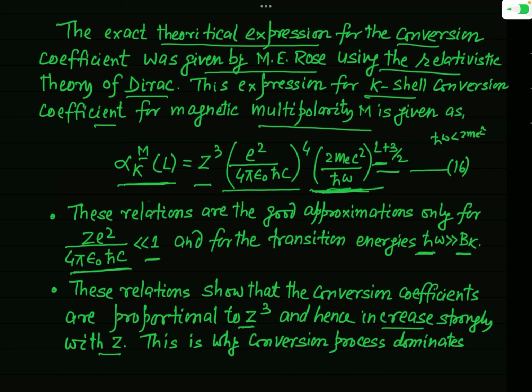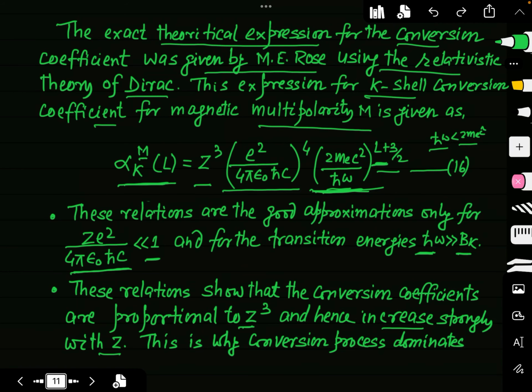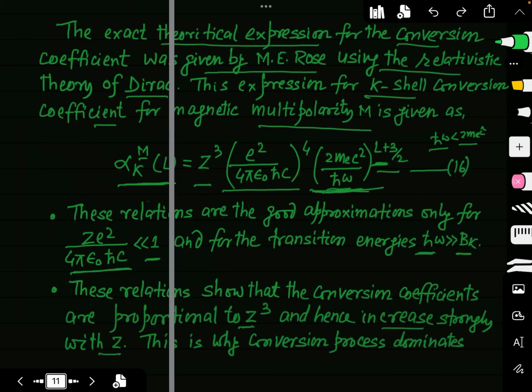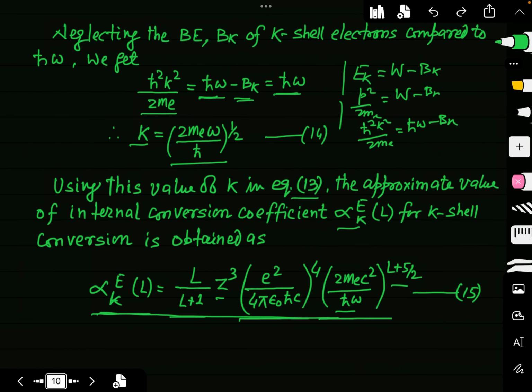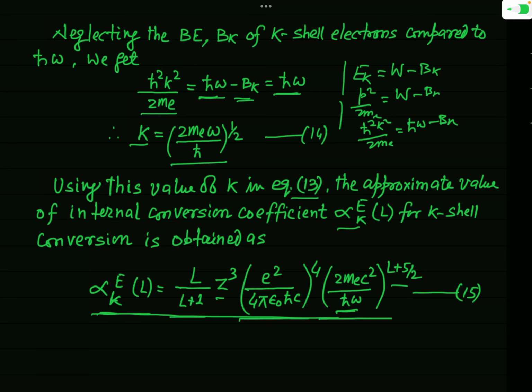But if h bar omega is greater than 2 m_e c squared, then the reverse will be the phenomenon. So I have mentioned it here that if h bar omega is less than 2 m_e c squared, then this 2 m_e c squared over h bar omega will be greater than 1. And in that condition, with an increase in L, the value of alpha will increase. Not just alpha K, but you can also see that the value of alpha L will also increase.